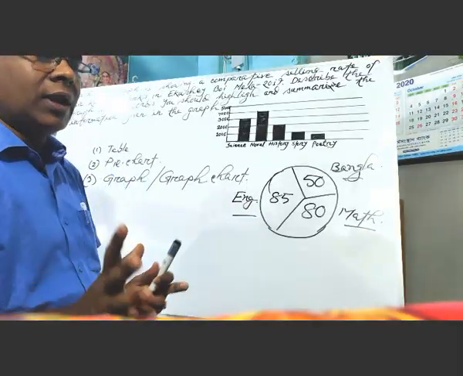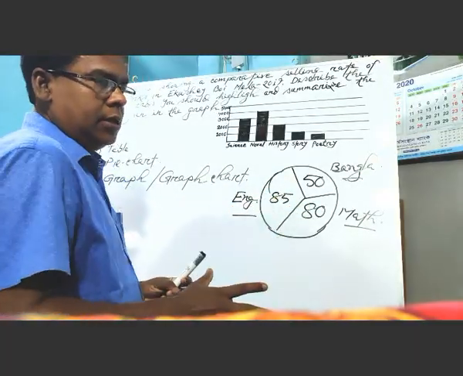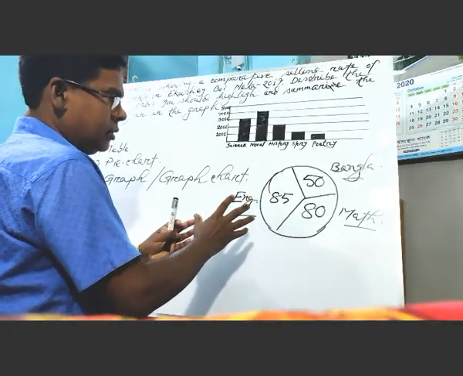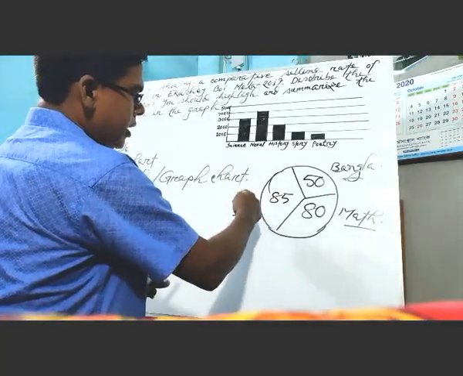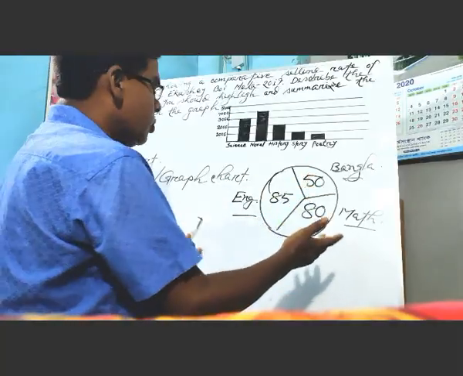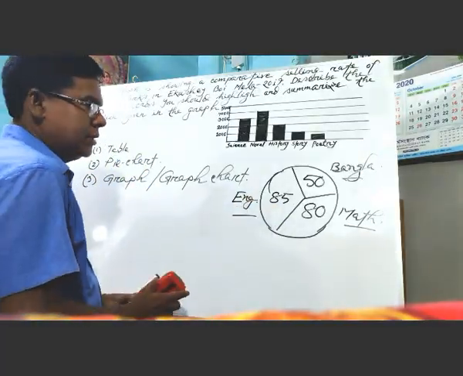Now, if you are asked to write down or analyze this pie chart, you will start especially from what is the highest in rate. So we are looking here, so you will start from here, then here and then there. So in this way, you will have to start writing from a pie chart.